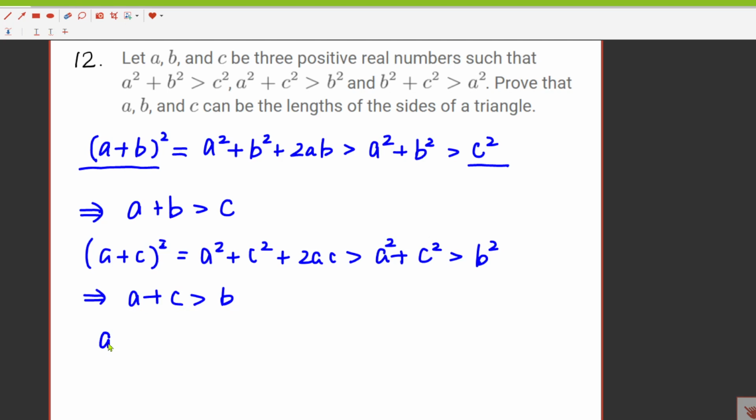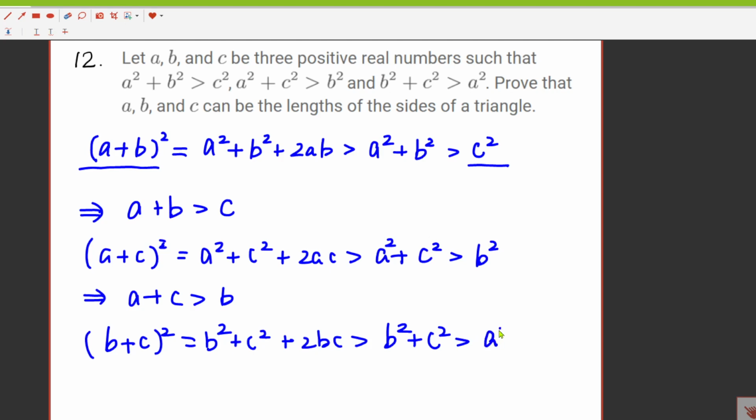And using the same method, we can also prove that b plus c squared equals b squared plus c squared plus 2bc. And this is greater than b squared plus c squared, which is greater than a squared. Then we take the square root of both sides of the inequalities. This gives us b plus c is greater than a, right?